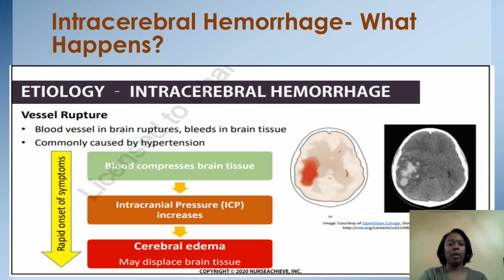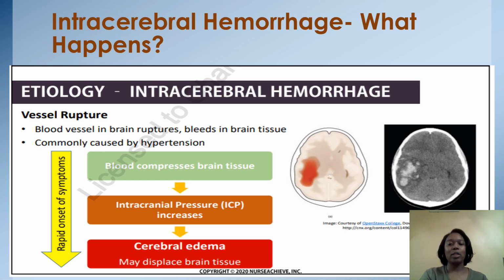Either way, the release of this blood in the cranial cavity increases the cranial pressure, causing cerebral edema, and displaces the brain tissue, depriving the brain of the nutrients and oxygen, causing a cerebral infarct or death of the brain tissue.